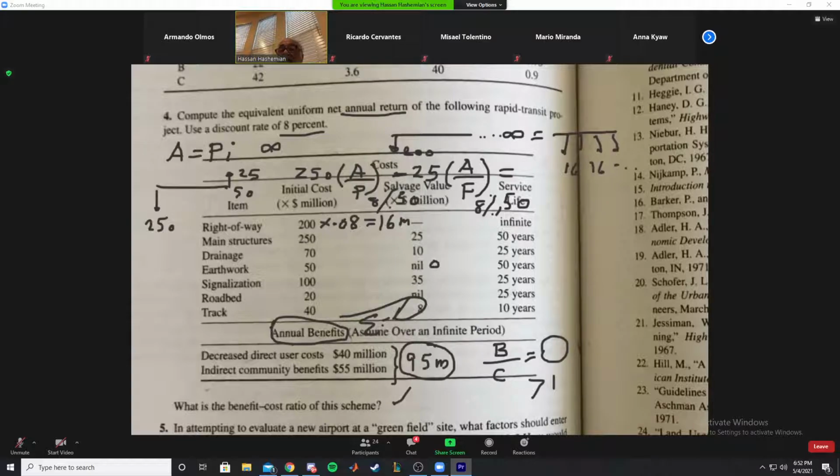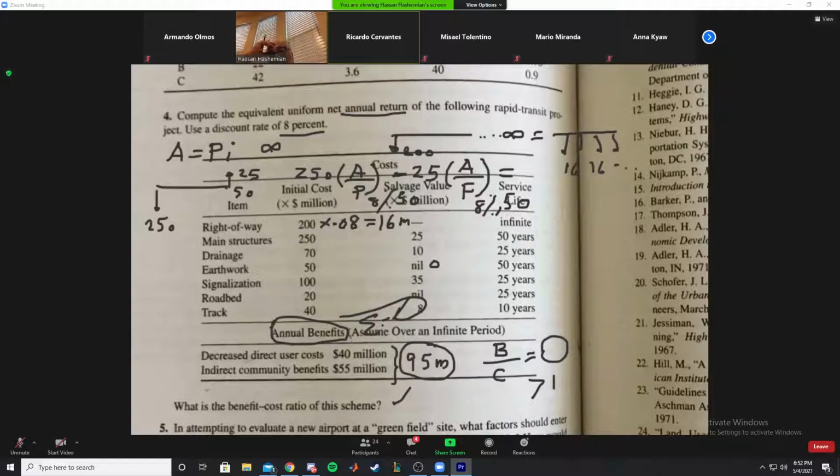If it's less than 1, we don't want to do it. Okay? Any question on this? So this is again the annual method. So you should complete this problem for next time too.